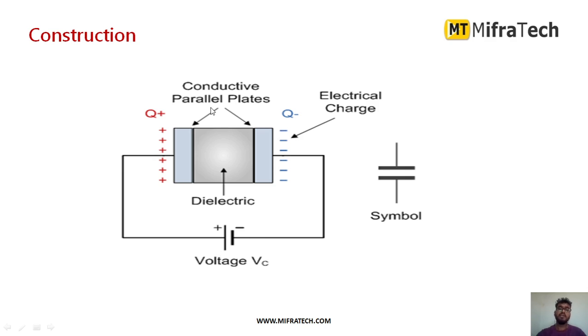As you can see, there are two electrically charged plates which are separated by a dielectric medium. The left side one is the positively charged plate, and on the right side you can see the negatively charged plate. Those two plates are separated by a dielectric medium. So this is how a capacitor is usually constructed inside.